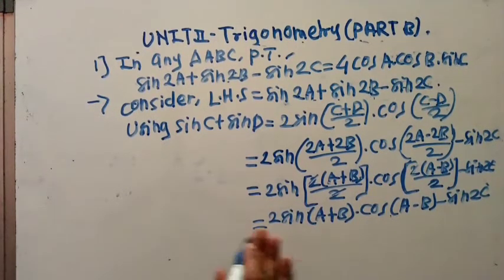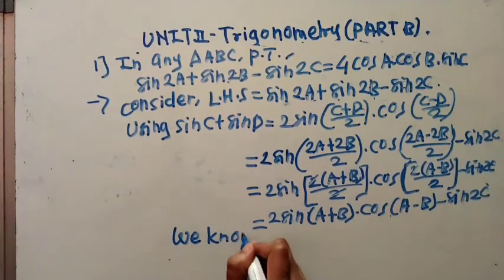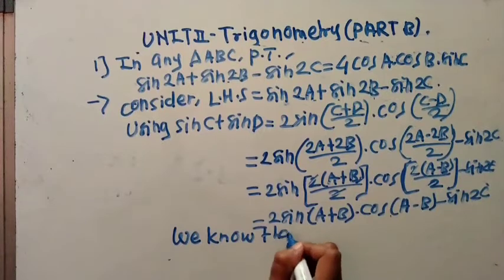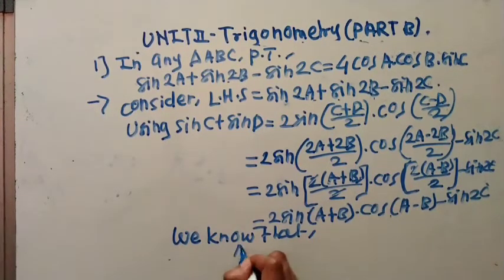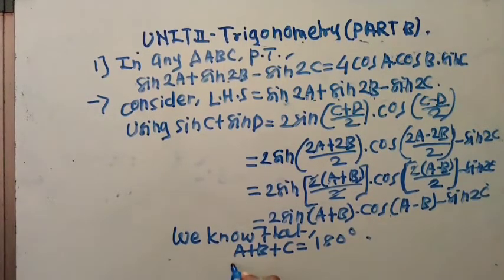but we know that A plus B plus C is equal to 180 degree. Hence A plus B is equal to 180 minus C. So put this value in this equation.